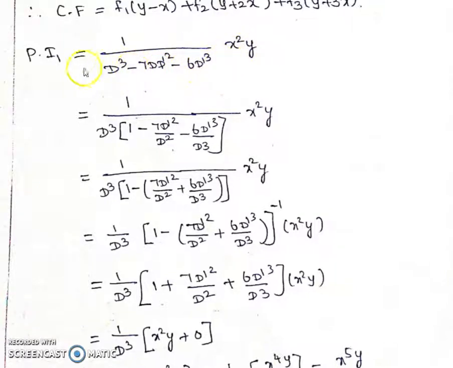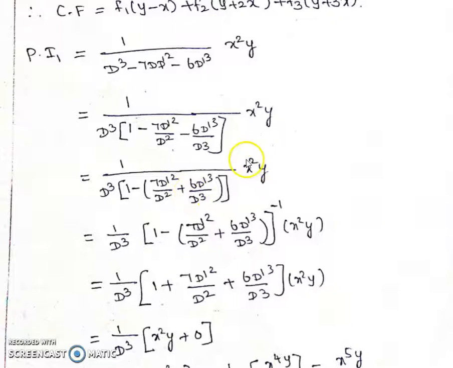Here I have to take D³ outside. So this can be written as 1/[D³(1 - 7D'²/D² - 6D'³/D³)]. From both terms minus is common, so take the minus outside: 1/[D³(1 - (7D'²/D² + 6D'³/D³))] x²y. This has the form 1 - x.